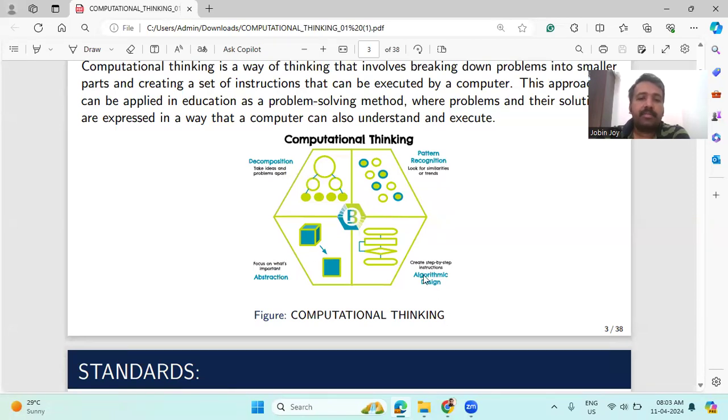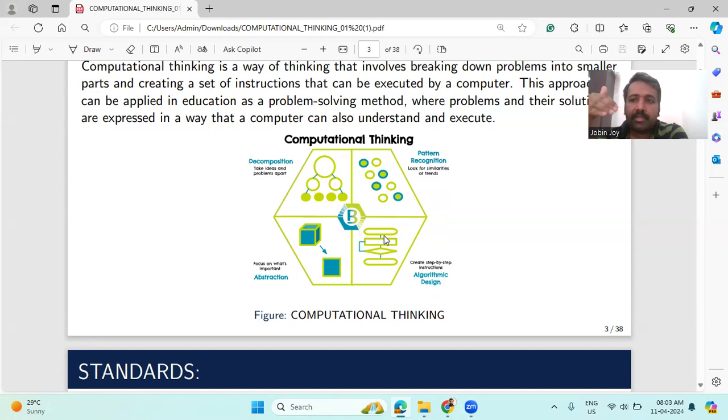And the last step is algorithmic design or algorithm. Algorithm means the step-by-step instructions to find the solution of your complex problem. That is what is called algorithm. Okay, what is the first step, what is the next step, what is the third step, like that.